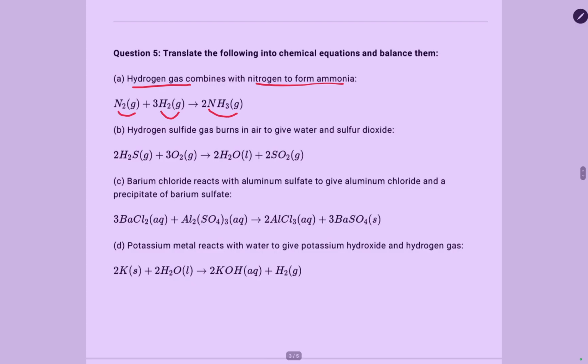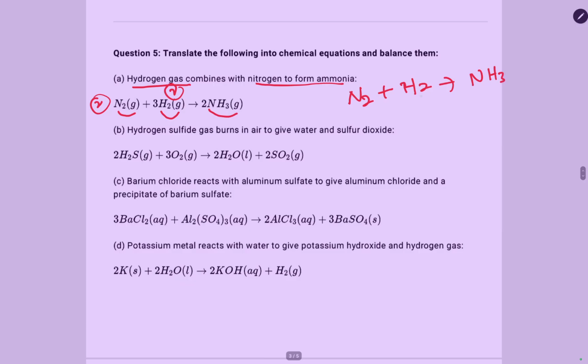Now balancing the equation, you already know. The original equation we write as N2 plus H2 gives rise to NH3.